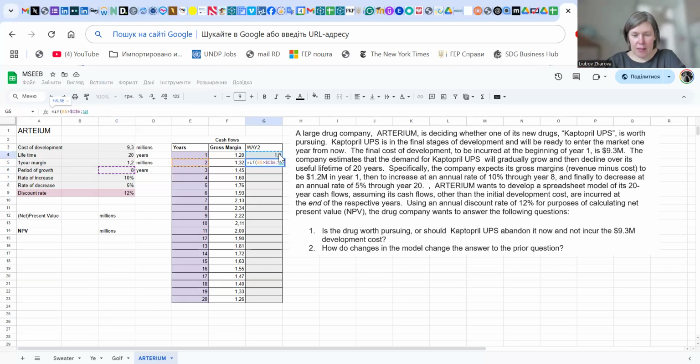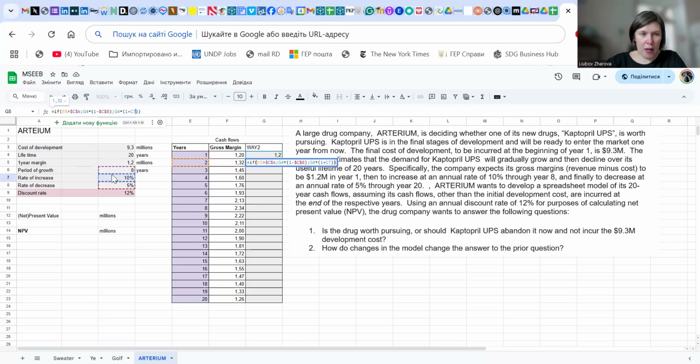If it's true, we take the previous number and decrease it by 5%. If it's false, take the previous cash flow and increase it by 10%, or the rate of increase. So that's what is going on.